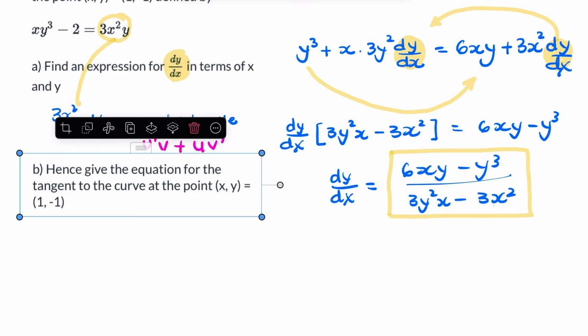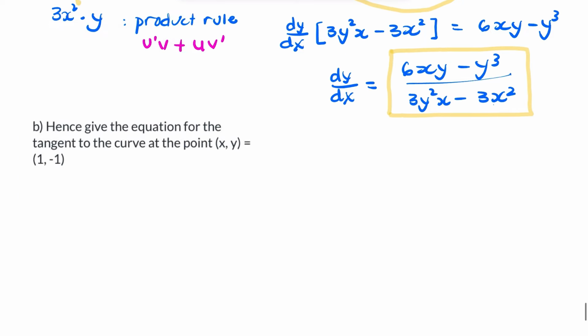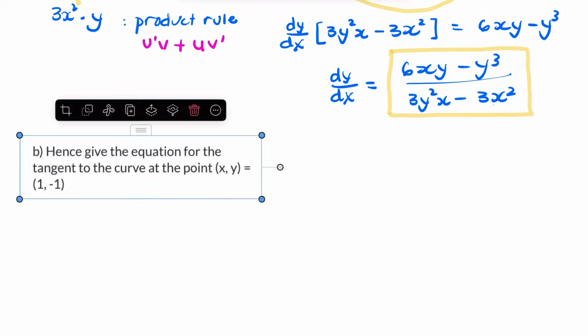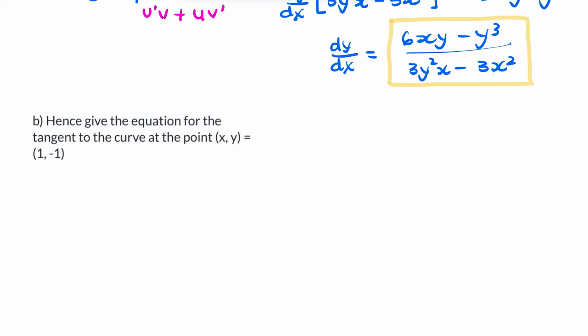The question then goes on to say, find the equation for a tangent to the curve at the point 1, minus 1. To find the equation of the tangent, you would need a point and the gradient. The point is no problem because that's given: y1 would be negative 1 and x1 would be 1.